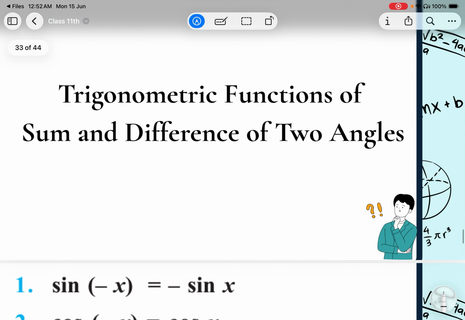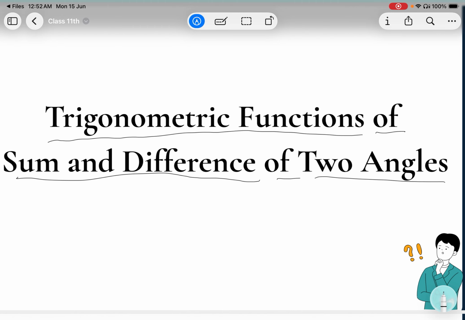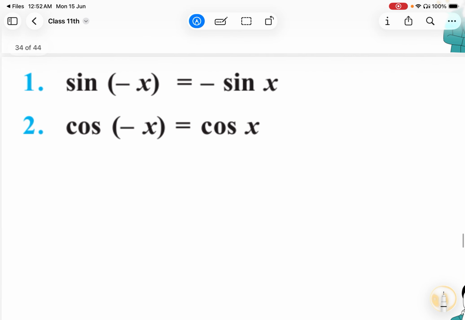So in this video we are going to cover trigonometric functions of the sum and difference of two angles.